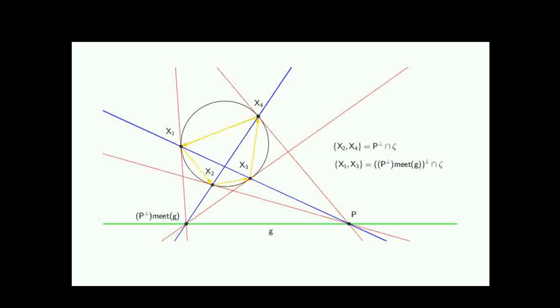And if we also look at where this blue line, which is the polar of P, meets the ground, that gives us our other kind of foot. And if we take this other foot point and work out what its polar is, that gives us points x1 and x3 on our 4 cycle.